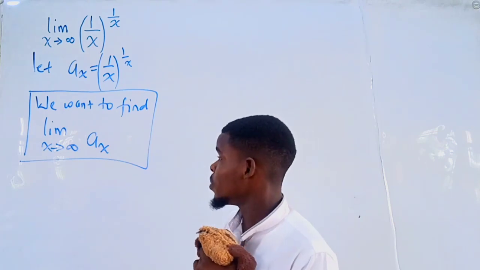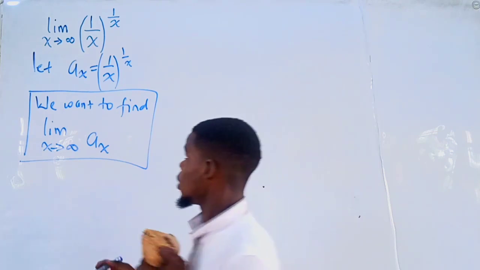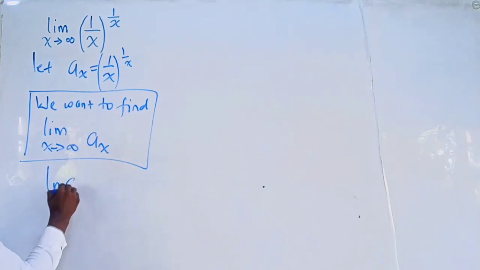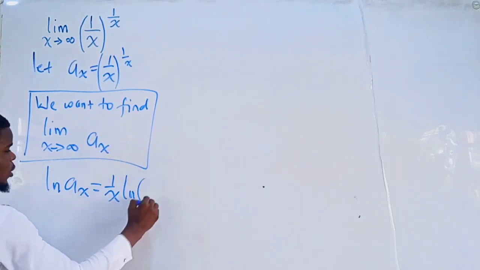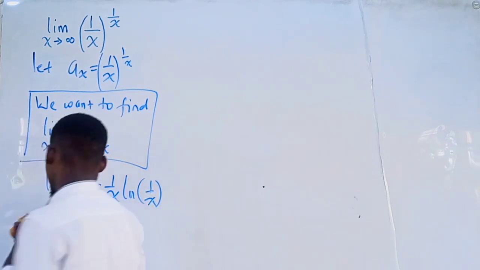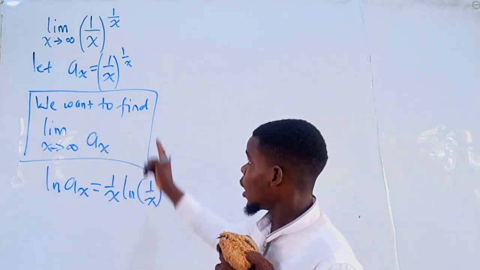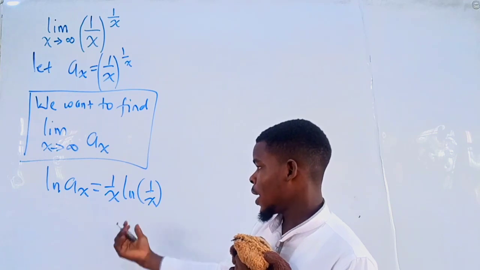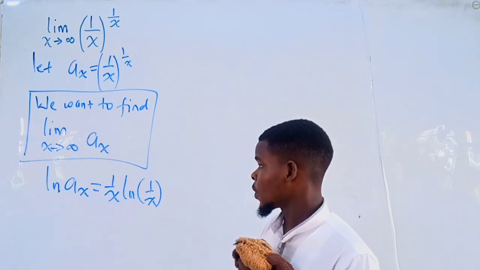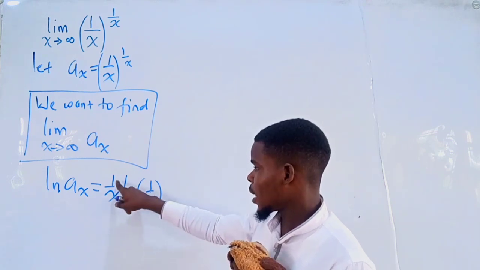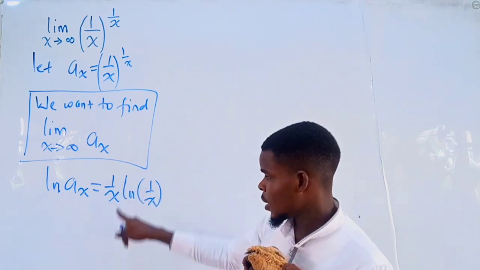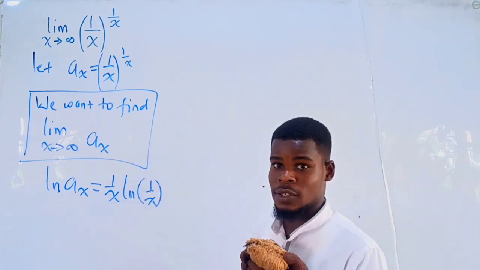Great. And now, notice if a sub x is 1 over x raised to the power 1 over x, that simply means if we take the ln of both sides, we're going to have ln of a sub x to be 1 over x times the ln of 1 over x. Good. Okay, just by pushing the power to the front and taking the logarithm of the base in this case. But notice that I can rewrite this as ln of 1 over x divided by x, alright?